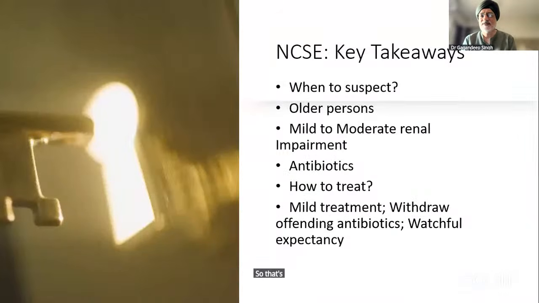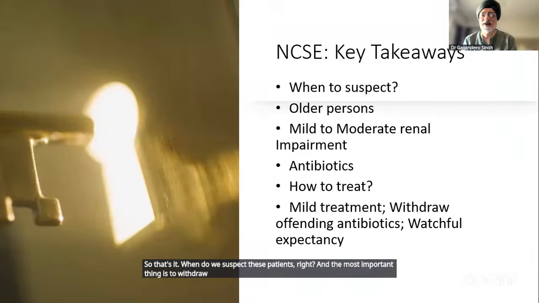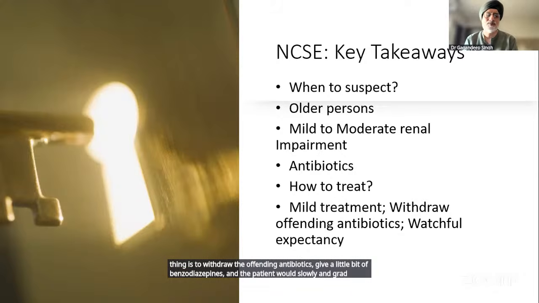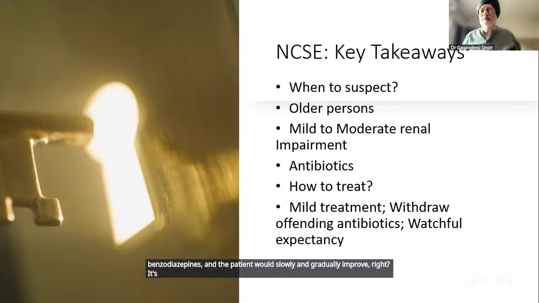When do we suspect these patients? The most important thing is to withdraw the offending antibiotics, give a little bit of benzodiazepine, and the patient would slowly and gradually improve, right? He's not going to sit up immediately, the way it is mentioned in the Salzburg criteria. You give benzodiazepine, the patient sits up? No, that doesn't happen. It's always a slow process. Next slide.